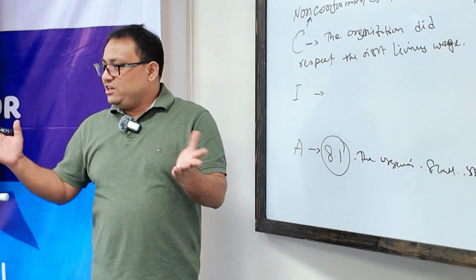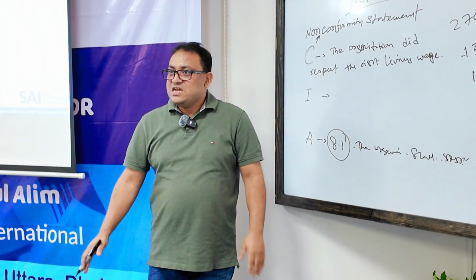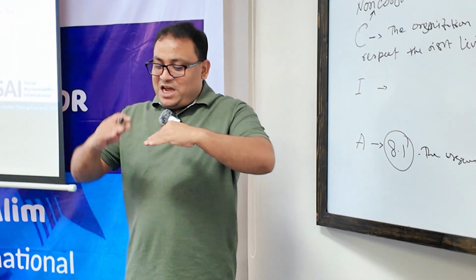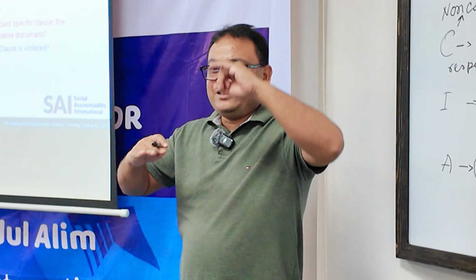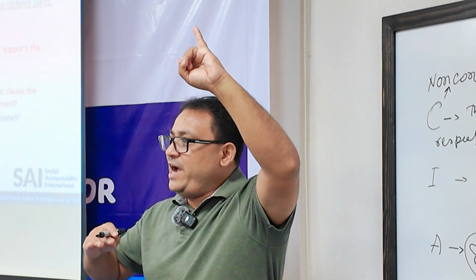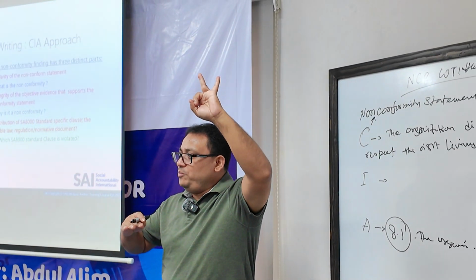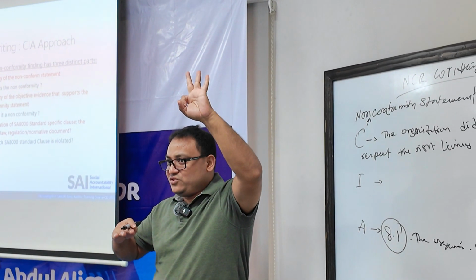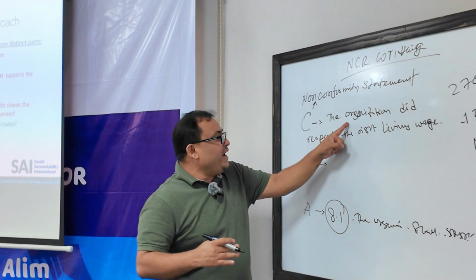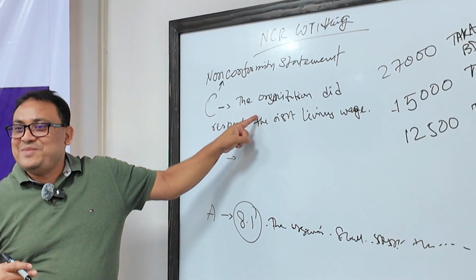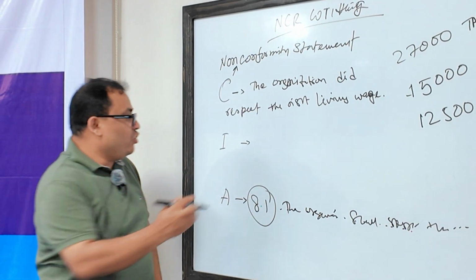This is called integrity: objective evidence. Can you tell me how many types of objective evidence we discussed? Statement, document, observations. So, from where did you get this message? Document.